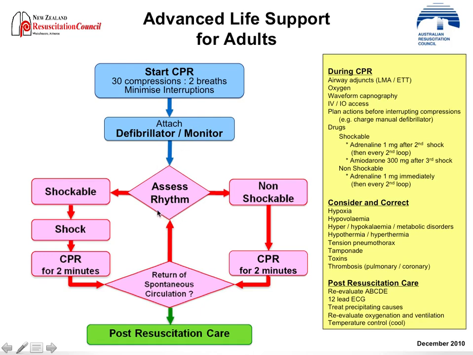Now at this stage, you can assess the rhythm, and there are shockable and non-shockable rhythms. If it is a shockable rhythm that you recognize, you shock the patient, you then go back to doing CPR, and you go around the loop. If you get to assessing the rhythm and it's a non-shockable rhythm, you do CPR for 2 minutes and you go around the loop. Along with all this, there are some drugs you can consider, adrenaline and amiodarone. We'll go further over the algorithm in due course and you'll get a chance to practice it on the day.